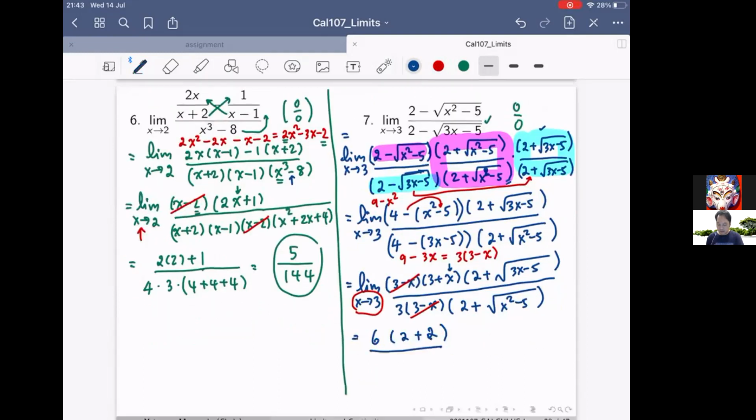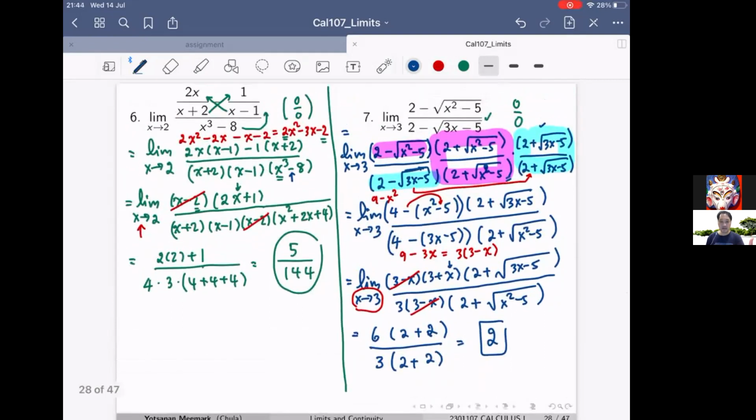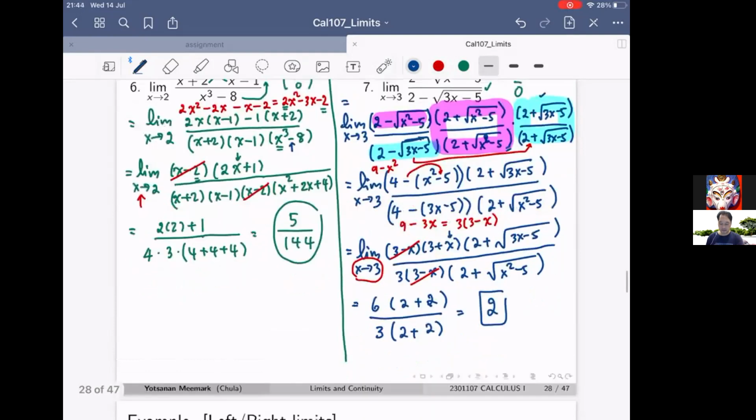And then here you have another 3, and then 2 plus square root of 4 again, which is another 2. So again, things cancel. So you have just 2 left as the limit of these fractions. So it's just a matter of manipulation by using the conjugate and also factoring.